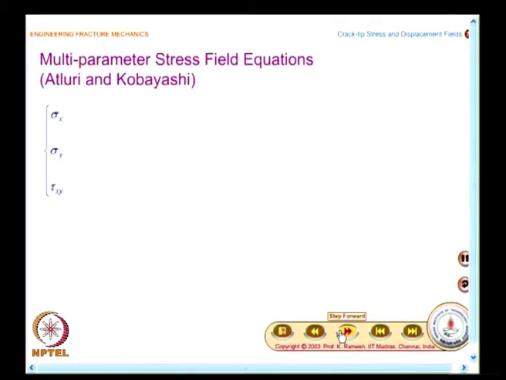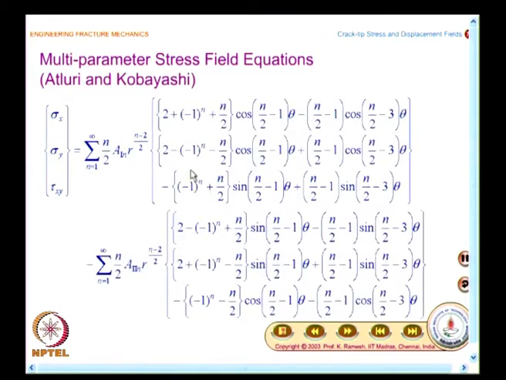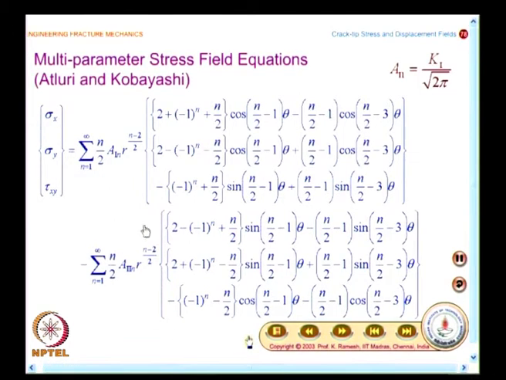Now, we will see the solution given by Atluri and Kobayashi, and it is the most elegant form of stress field expression, and you have to write this down very carefully. I have sigma x, sigma y, tau x y. These expressions give only Cartesian stress components, and this is given as a summation of 2 series.